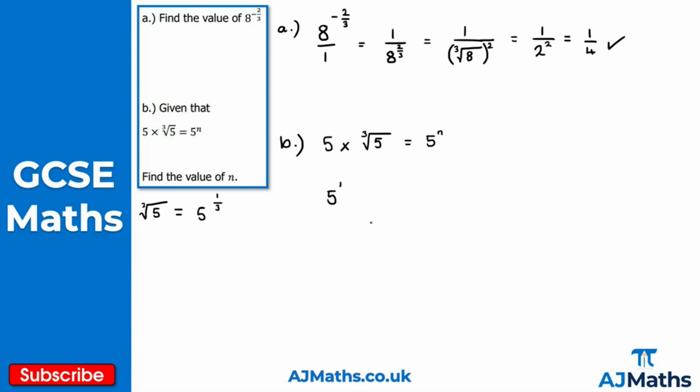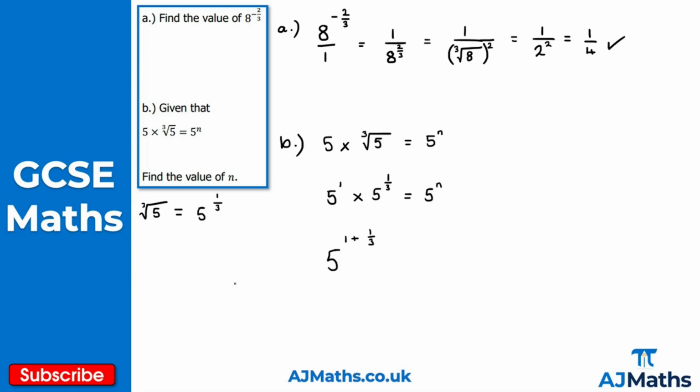So what I get here is 5 to the 1 times 5 to the power of a third, and that's going to be equal to 5 to the power of n. Okay. So now because we're multiplying here and we have the same base, we can simply add powers together. I'm going to get 5 to the power of 1 plus a third.